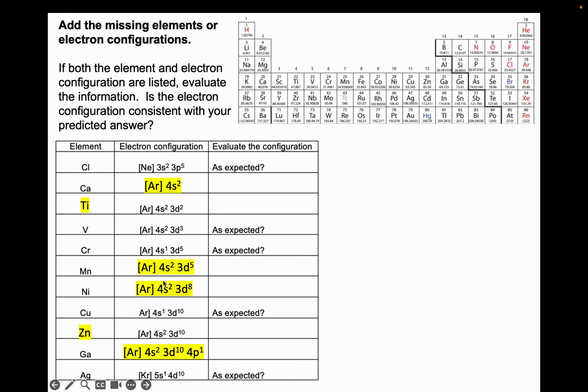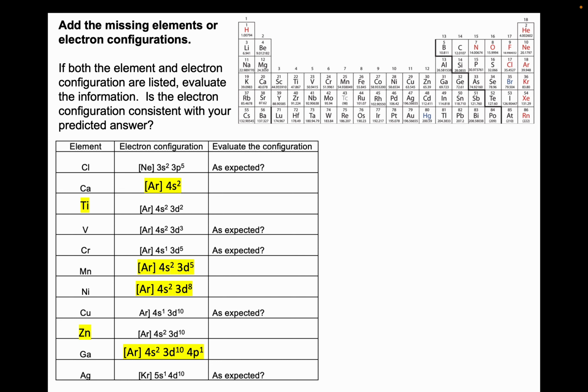We see we could also reach nickel. What if it's argon 4s2, 3d10? That would be corresponding to zinc. And then if we're trying to get gallium, argon 4s2, 3d10, 4p1. Let's evaluate.